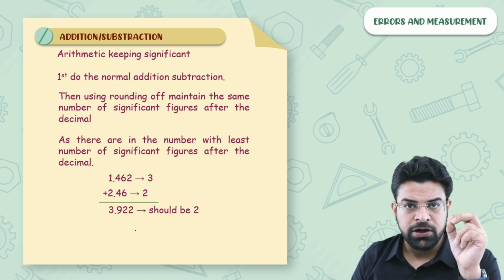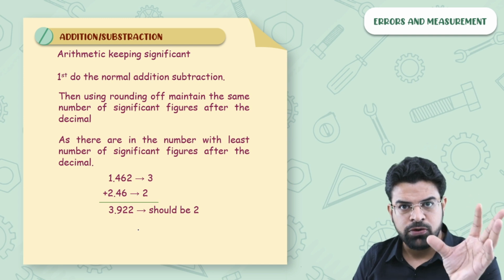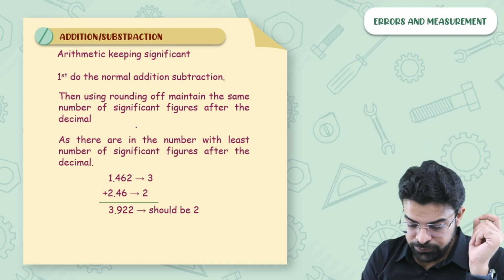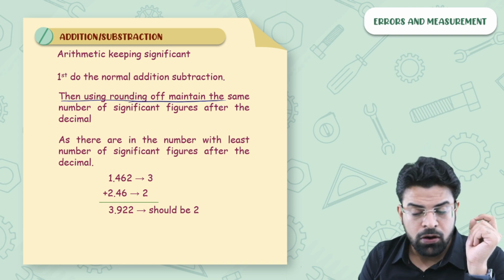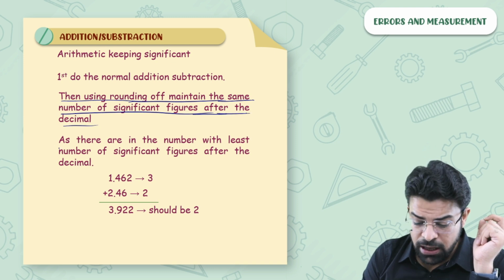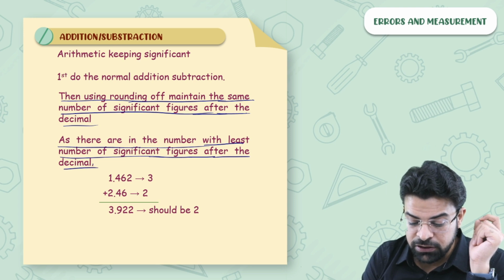So you get 3.922. Now here, the rule says, using rounding off, maintain the same number of significant figures in the answer as there are in the number with the least number of significant figures after the decimal.